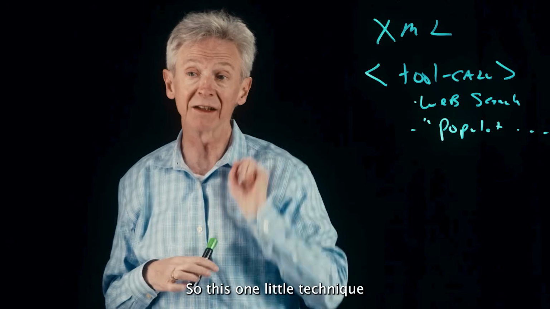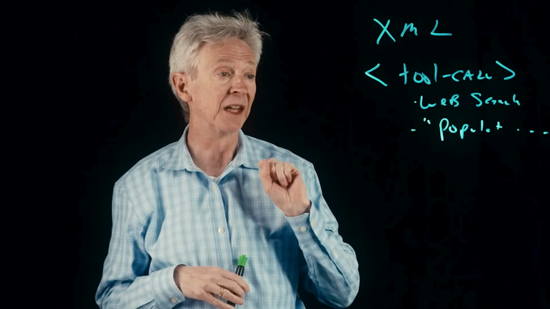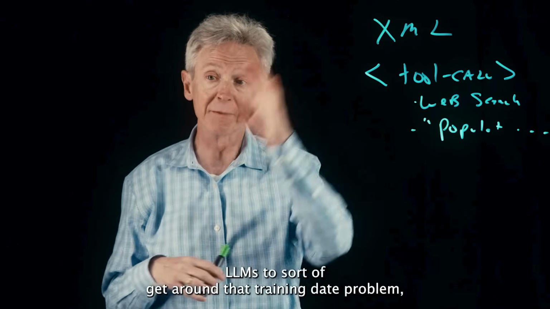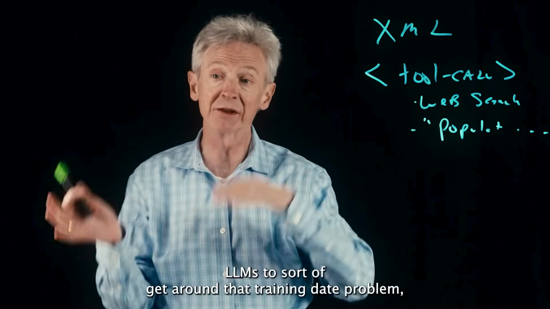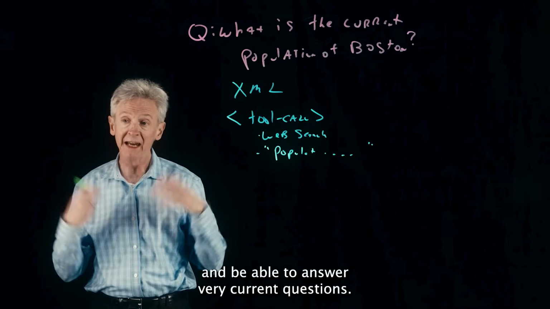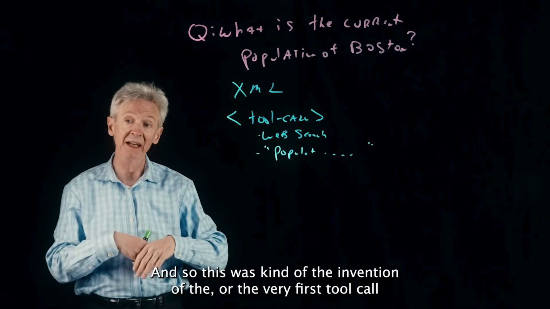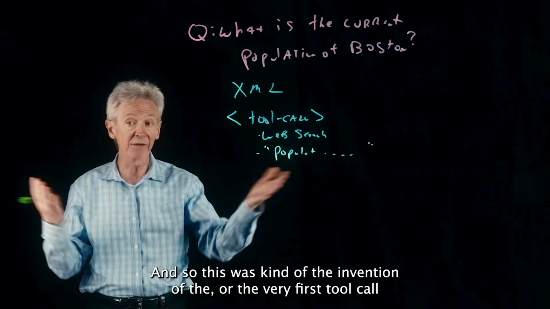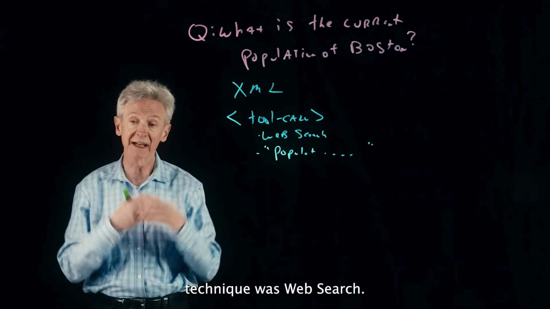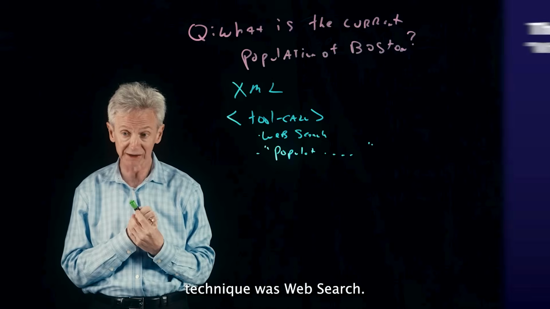So this one little technique basically allowed LLMs to sort of get around that training date problem and be able to answer very current questions. And so this was kind of the invention of the very first tool call technique, which was web search.